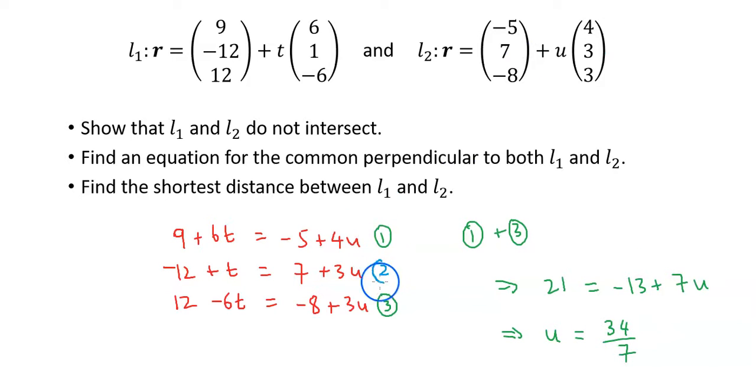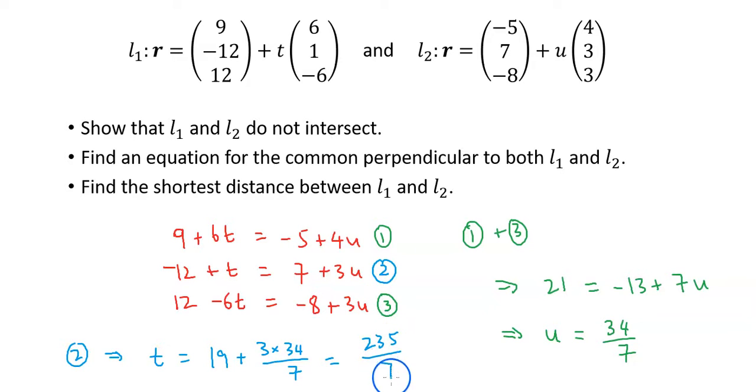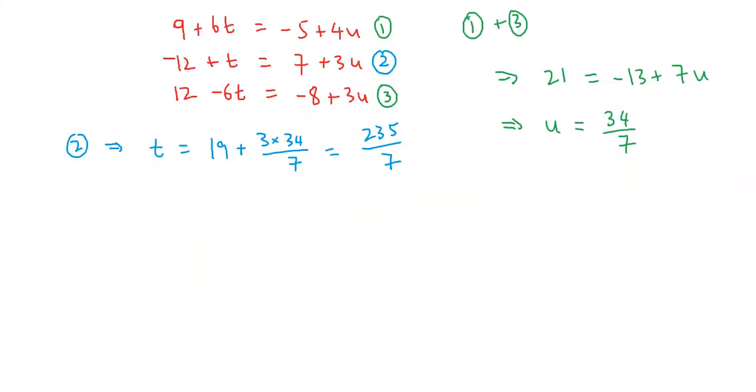Substituting that into equation 2, we have t is equal to 12 plus 7 makes 19 plus 3 times 34 over 7, and that is equal to 235 divided by 7. So we have proven that if there were such u and t, there would have to be 34 over 7 and 235 over 7.